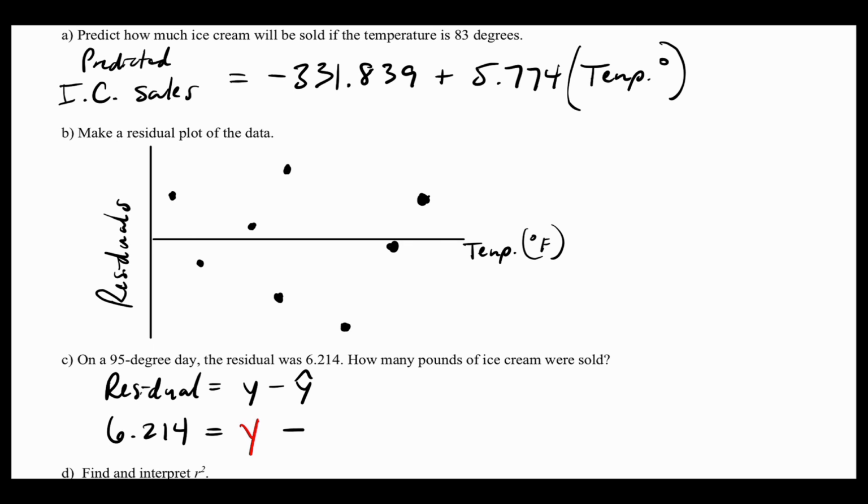Plug 95 into your equation from part A. So negative 5.774 times 95 plus negative 331.839, and I get 216.691. That's how many I would expect to sell. On a 95-degree day, I would expect them to sell around 216, 217 pounds of ice cream.